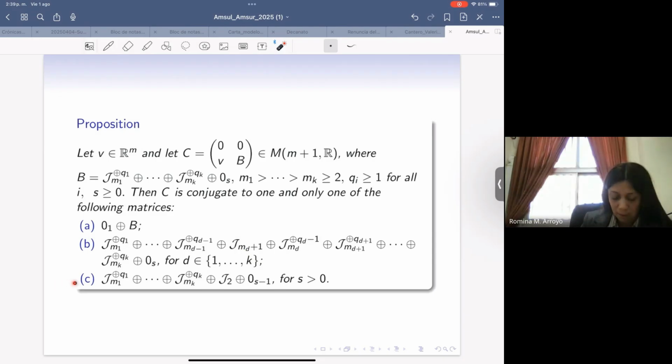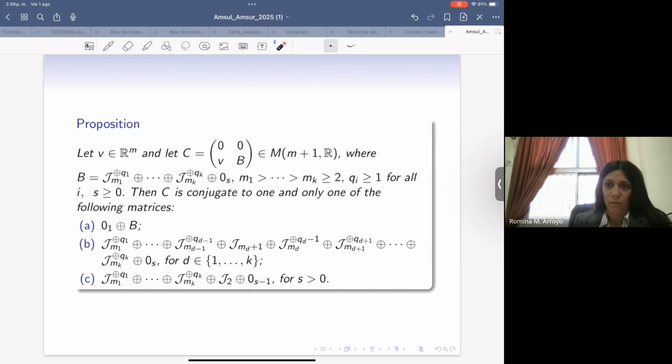And in this last case, one dimension of this big 0 disappears and a J2 appears.